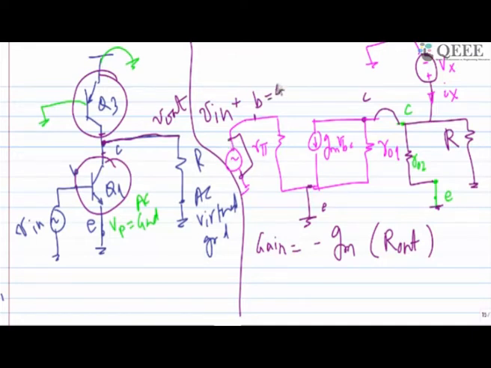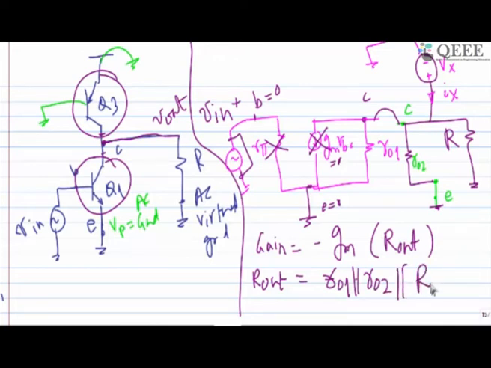So base potential goes to 0, emitter potential goes to 0, gm times Vb goes to 0. So these are not useful. Only 3 resistors are in parallel. So Rout should be equal to RO1 parallel RO2 parallel R, and the gain will be minus gm times RO1 parallel RO2 parallel R.